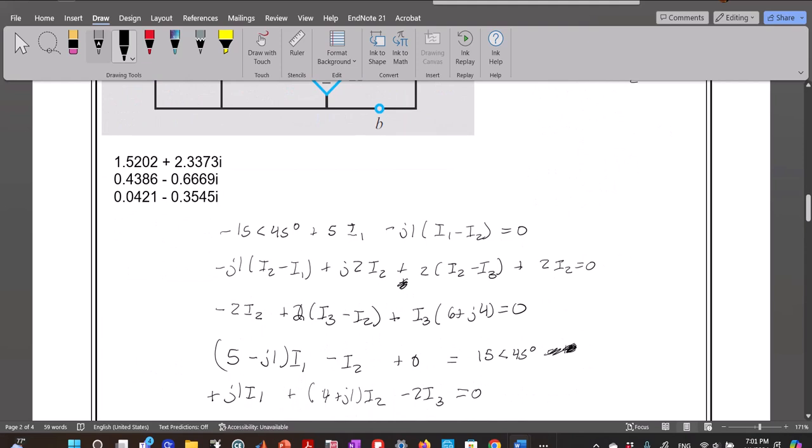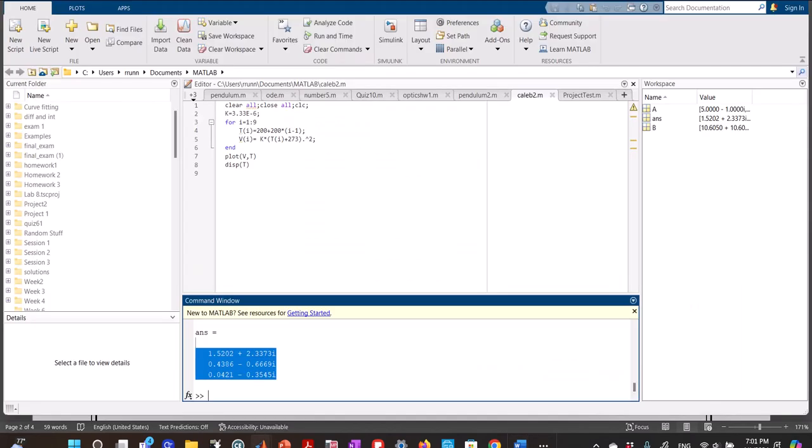So I want S equals 1/2 absolute value of I3 squared times ZL. So that would be, and ZL was 6 plus J4.